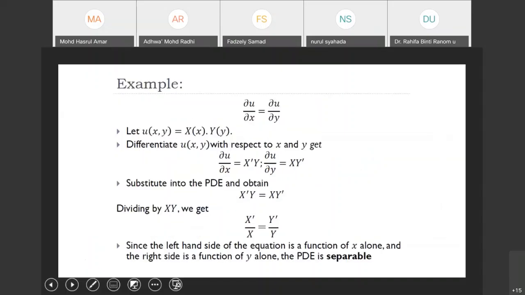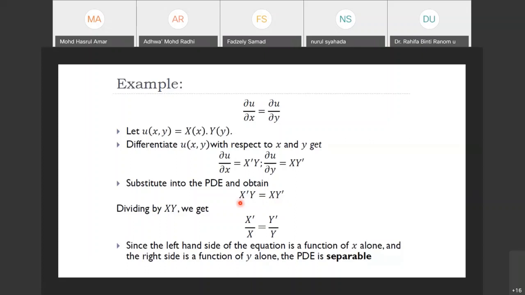This is an example. We have del u del x equals del u del y. We let u equals X times Y. In the left hand side, you differentiate u with respect to x, then it becomes X prime Y. In the right hand side is del u del y, then it becomes X Y prime.